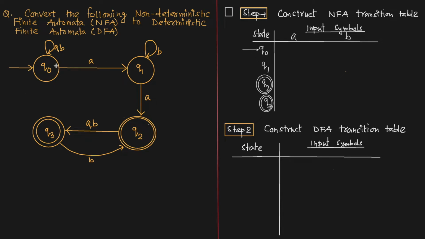On Q0: Q0 on A goes to Q0 and Q1, so Q0 on A goes to Q0, Q1. Q0 on B goes to Q0.